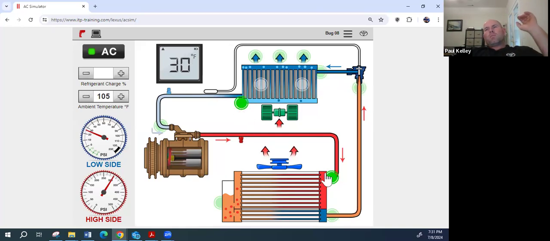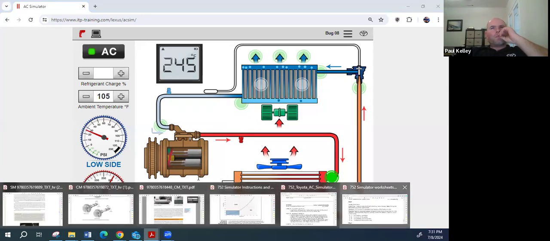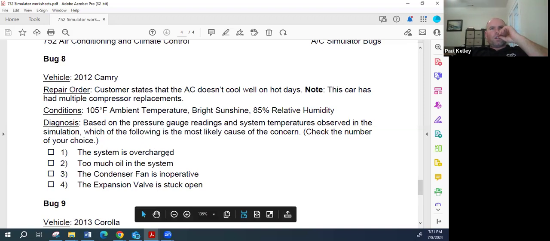Maybe we could check the condenser. That seems a little warm right there. What else could we check? Just remember what we got. It's either overcharged, too much oil, condenser fan and knob, expansion valve is stuck open. Anything we can eliminate right now?